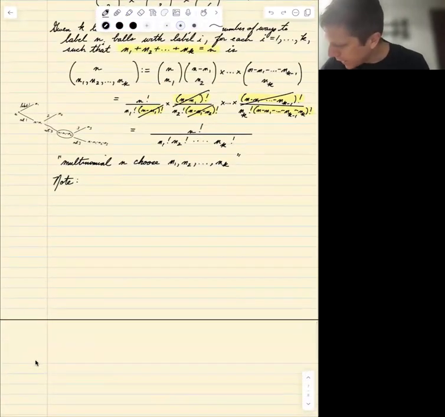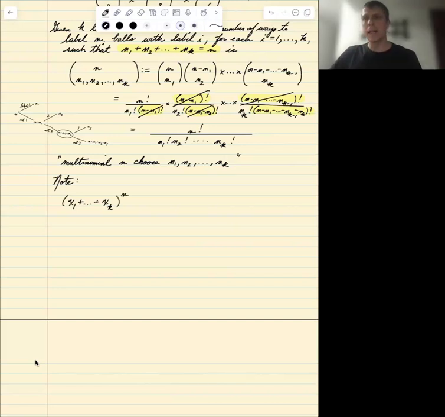So if I have x1 up to xk raised to the power n, then the question is, okay, what is the coefficient of the term?